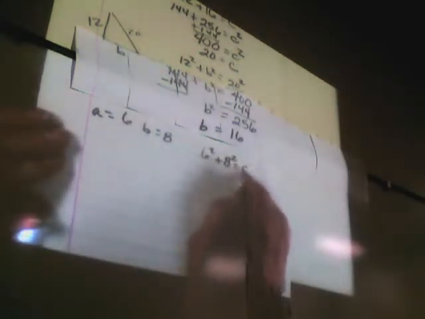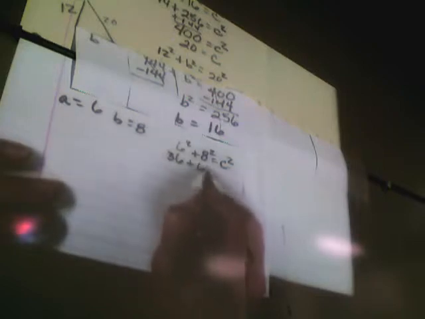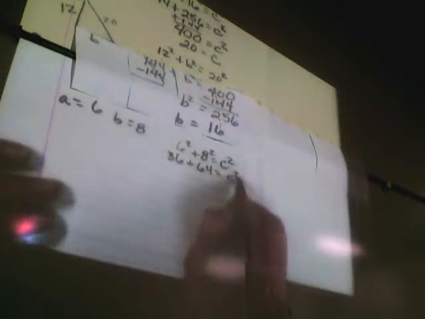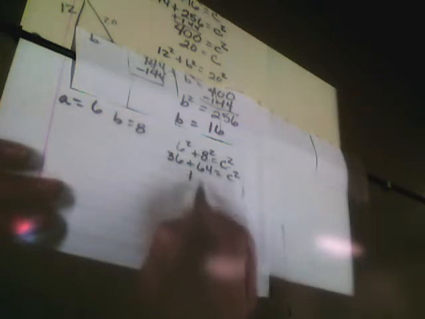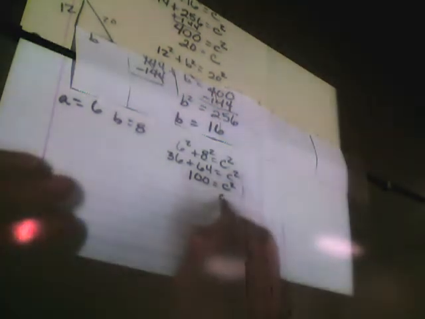A squared plus B squared, so you do 6 squared plus 8 squared equals C squared. 6 squared is 36, 8 squared is 64. 36 plus 64 is 100. Square root of 100 is 10. So the C is 10.